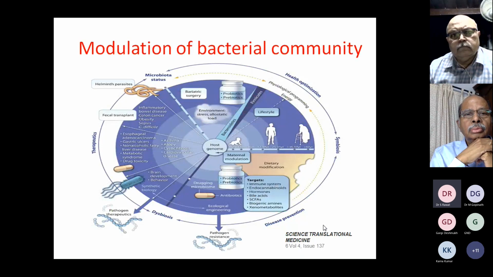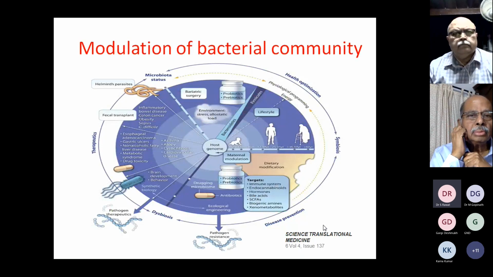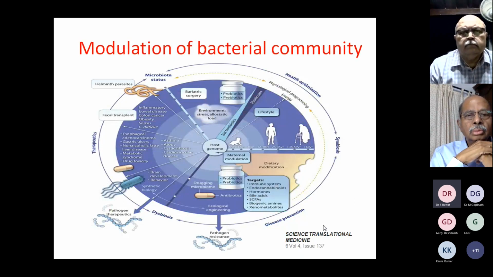Now coming to the treatment options. This is very interesting. This branch has not only stayed at the research level, it has now come to the practice level. Yesterday I was reading that there are more than 200 drugs or potential biologicals under development. Let's see how these drugs target.